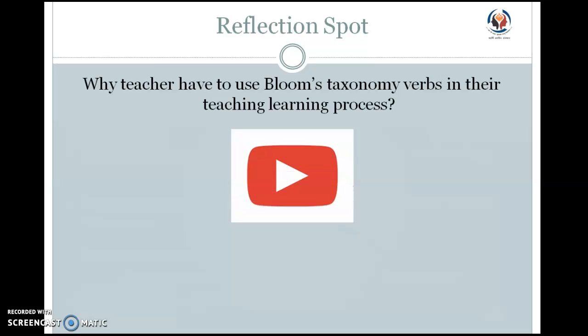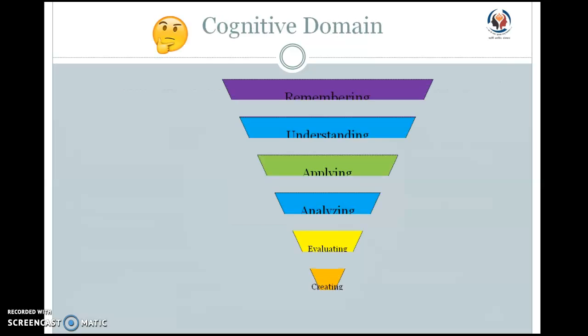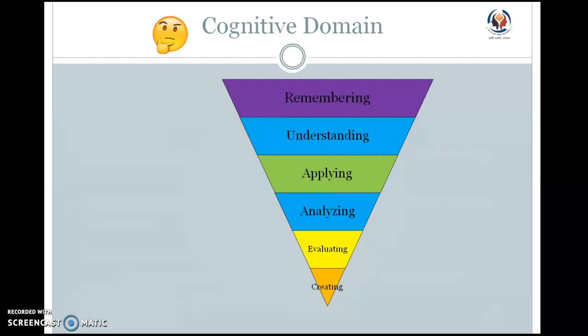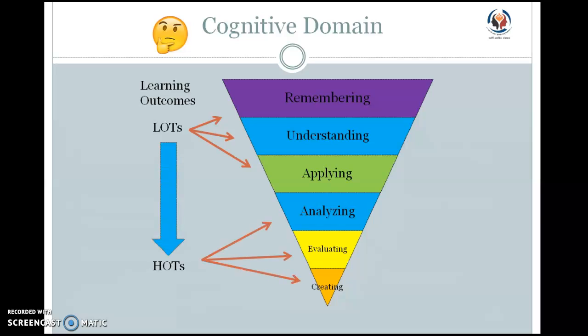Okay, start the video and we will discuss various action verbs according to Bloom's taxonomy and their utilization. The first domain is the cognitive domain. The cognitive domain is subdivided into 6 subdomains, categorized in 2 parts: lower order thinking and higher order thinking.